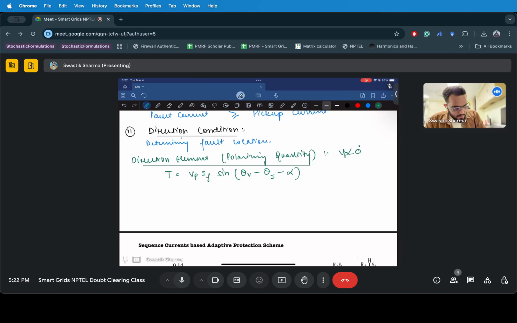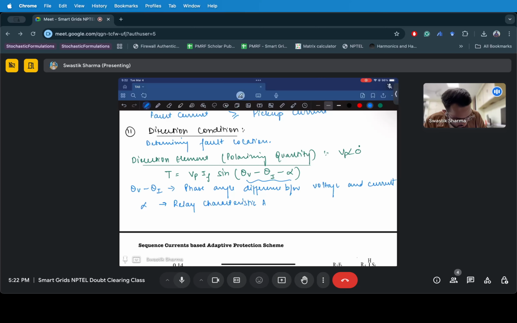Vp is your polarizing voltage, If is your fault current, and theta V and theta I is your phase angle difference between voltage phasor and current, right? And alpha is your relay characteristic angle.